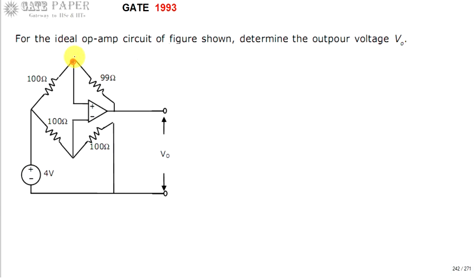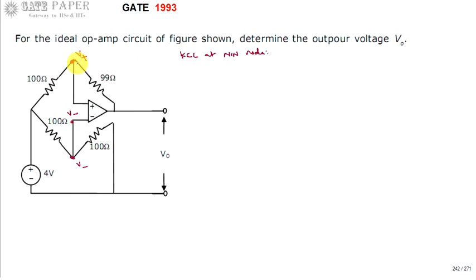Let the voltage at the non-inverting terminal be V plus and the voltage at the inverting terminal be V minus. First I am applying Kirchhoff's current law at the non-inverting node.